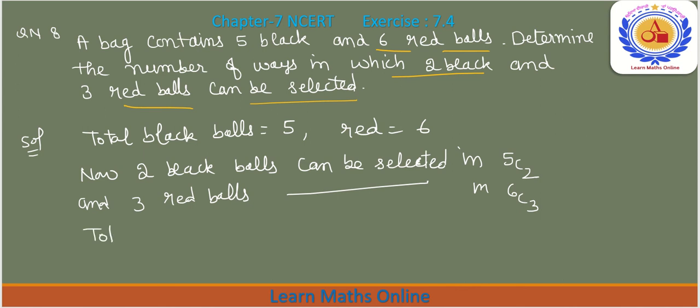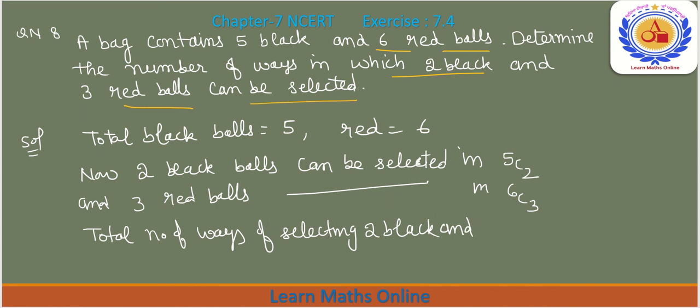Total number of ways of selecting 2 black and 3 red balls is equal to 5C2 into 6C3.